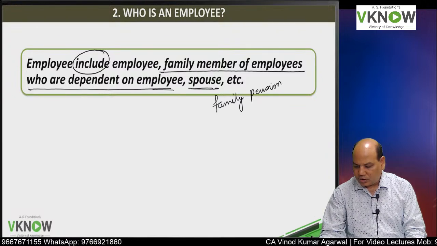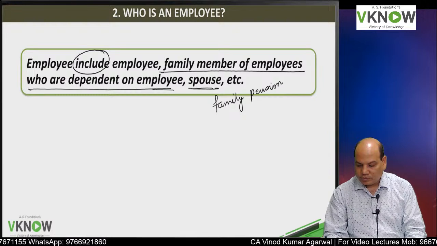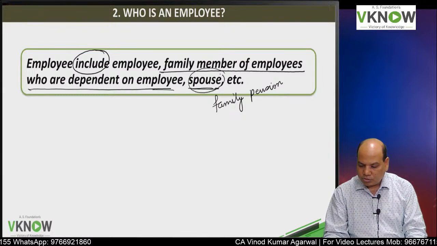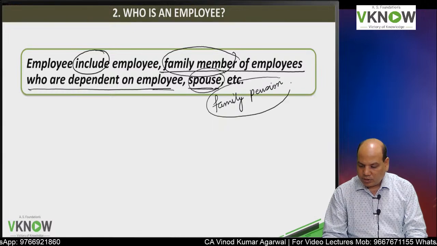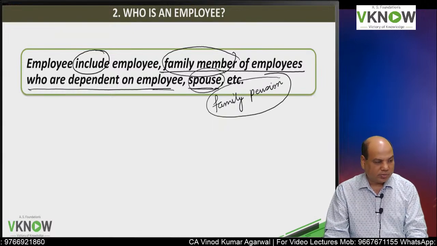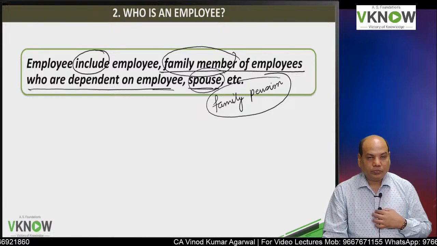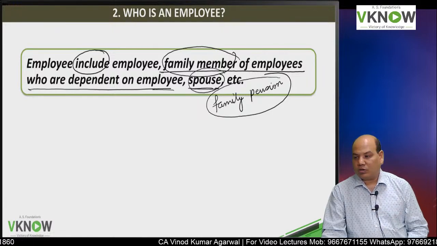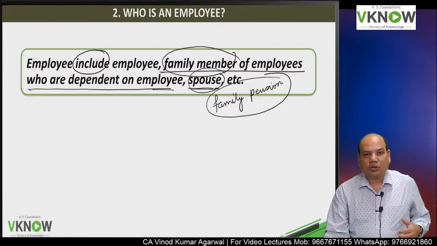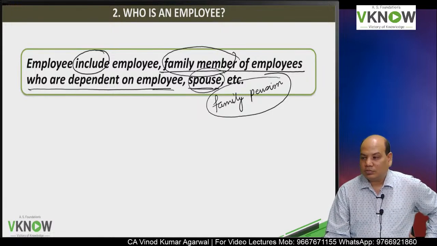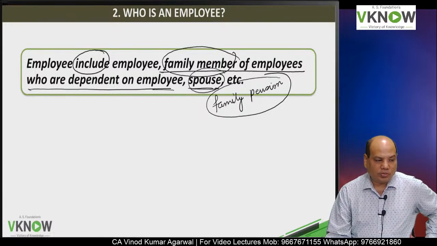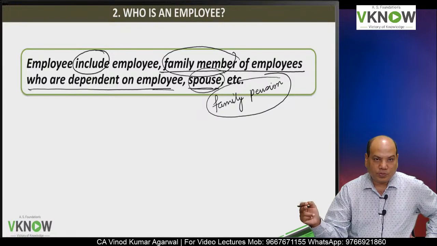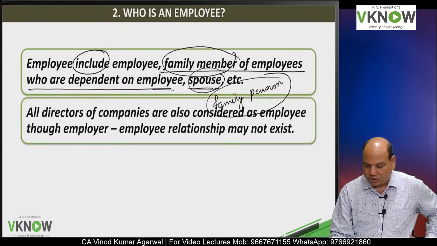Family pension means even if the employee dies, either the spouse or the family member will be given family pension for some years. So even family member or spouse, for the purpose of accounting, would be treated like an employee, because you will have to pay benefits to the spouse or the family members.